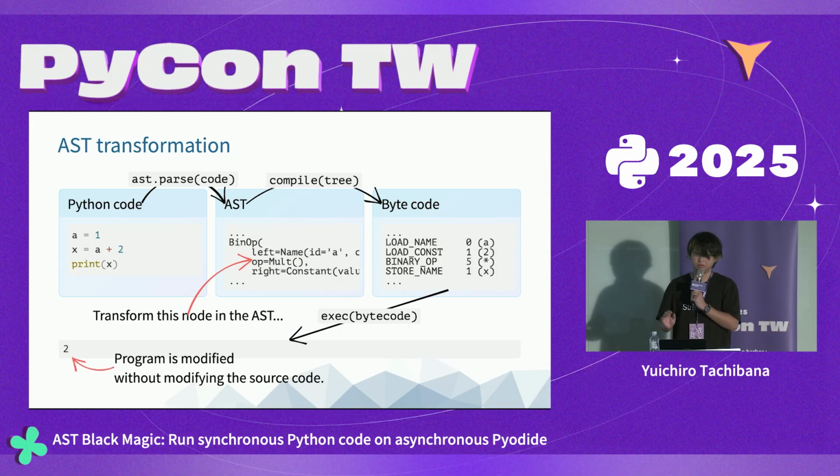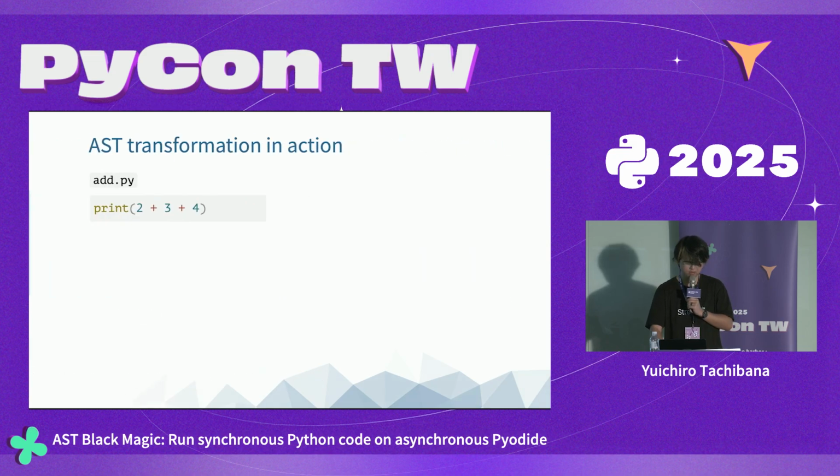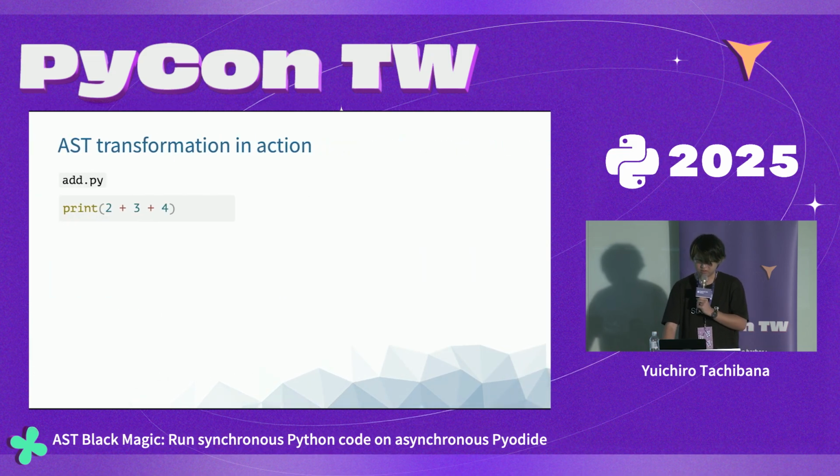It's a very dynamic and interesting technique to change your program's behavior without modifying the original source code written in Python. So let's see the next example, which shows one example of an actual implementation of this kind of technique, in actual Python code.